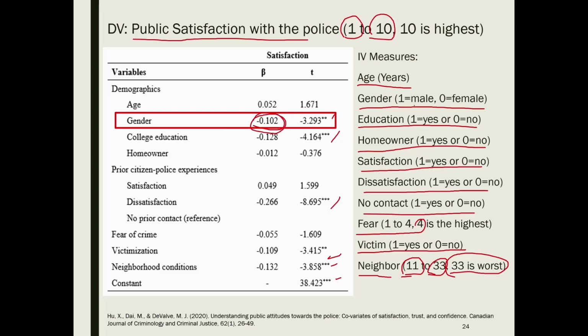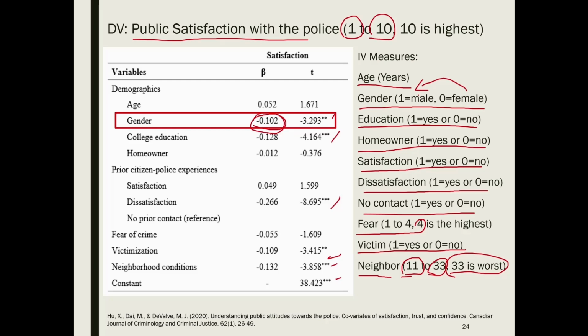That means if the gender goes from female to male, 0 to 1, then the public satisfaction with the police actually decreases. What that means is that compared to female citizens, male citizens tend to have less public satisfaction with the cops.